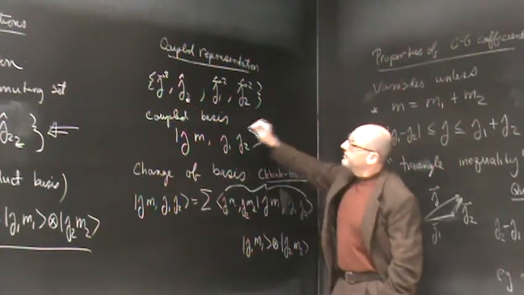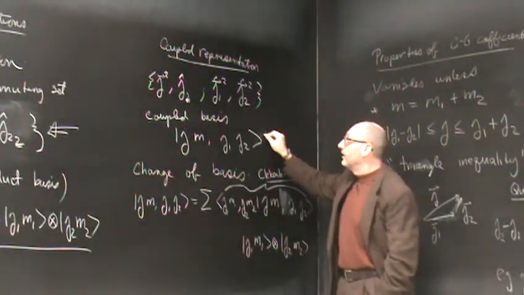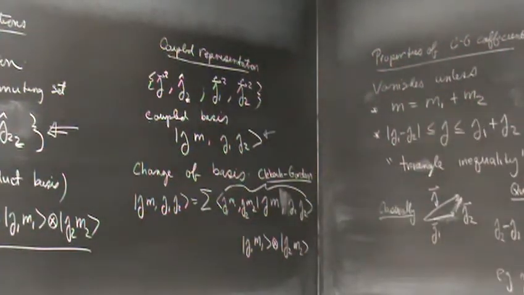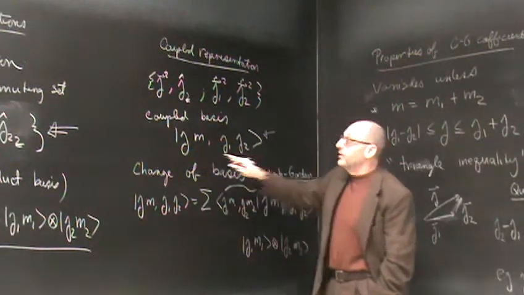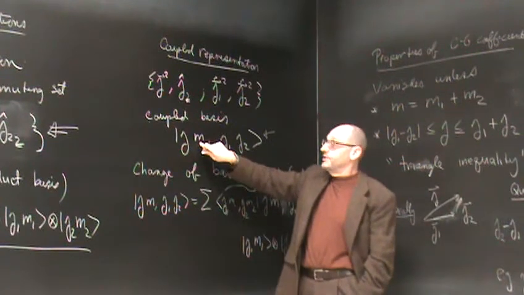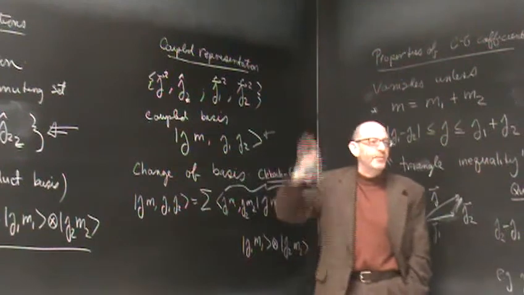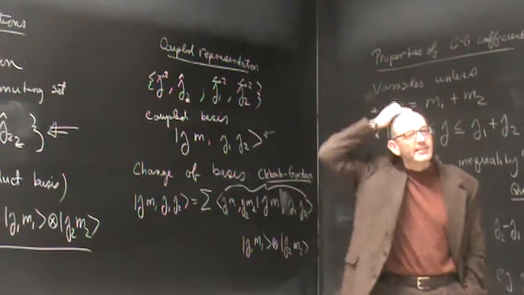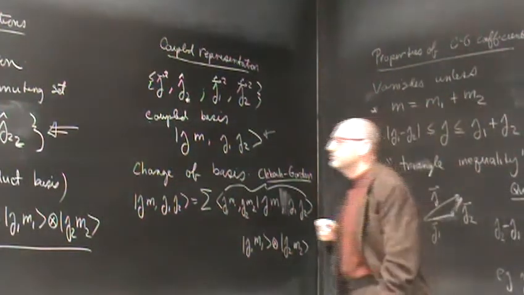And this representation we call the coupled representation, and the vectors that span the space are the coupled basis. Okay? So they're specified by these 4 quantum numbers, which are the total angular momentum quantum number, the total projection on the z-axis, and of course everything always has J1 and J2 because the space is restricted that way. Yes? So you're free to use either one. There are not certain situations where you have to use one or the other.